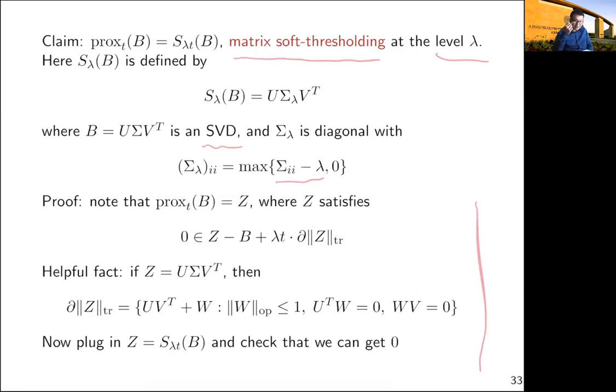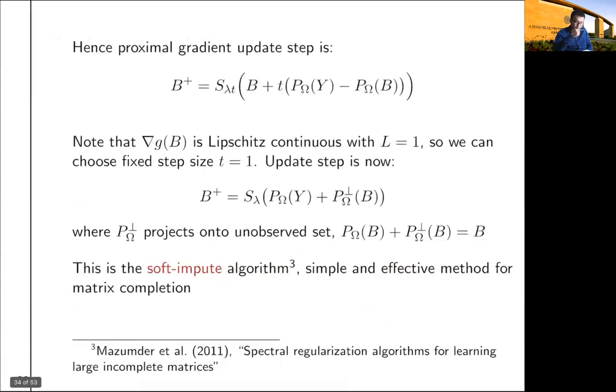But basically, this involves taking the singular value decomposition and then applying the first order optimality condition by the subgradients. Now that we know what the subdifferential of the trace norm is, we can make use of it to construct this closed form solution called matrix soft-threshold. I'll leave this as an exercise for you to work out yourself.